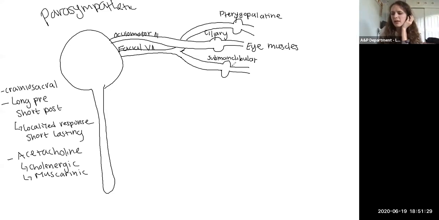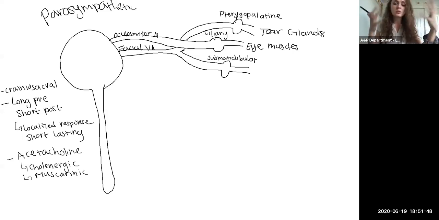Your pterygopalatine works with your tear glands. Remember how I said your sympathetic system dries you out besides sweat, and your parasympathetic causes you to secrete everywhere? Your tears are included. When your parasympathetic is going, your eyes are going to be nice and lubricated and moist and wet.